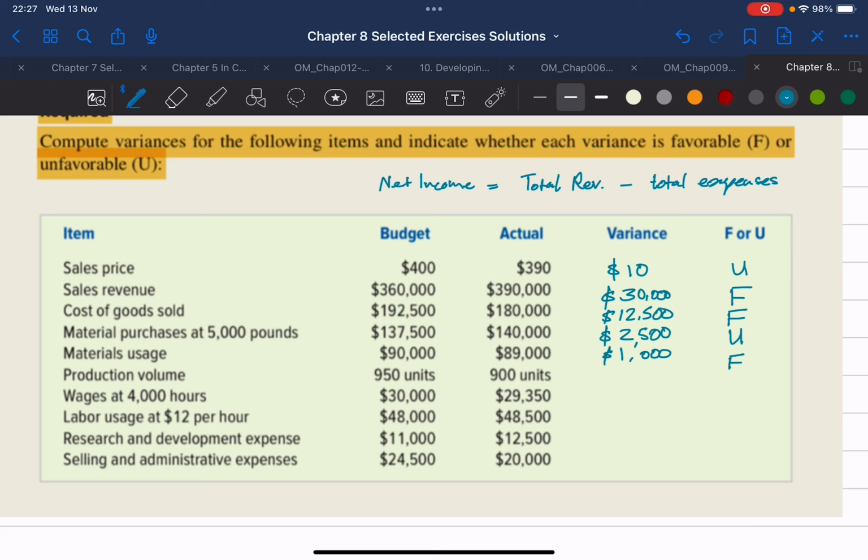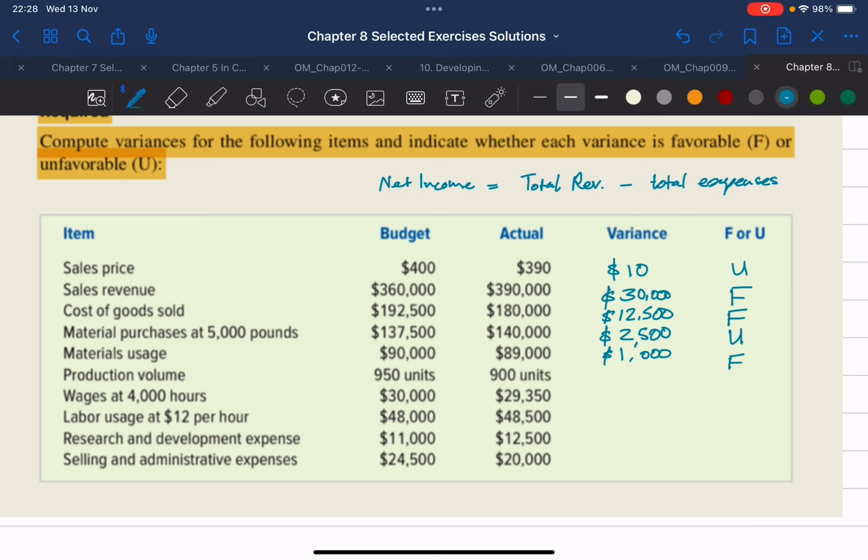Production volume, 950 units the budget, and the actual was only 900 units. So they produced less than they had planned, and of course that would be considered an unfavorable variance. The level of activity, the more the company produces, the better.